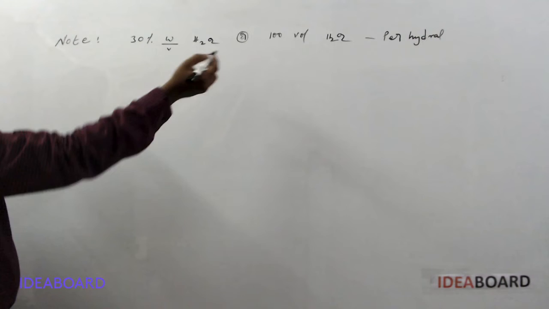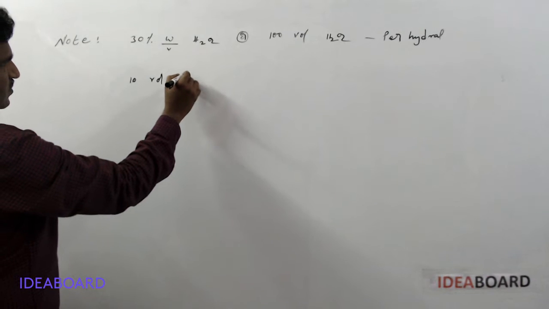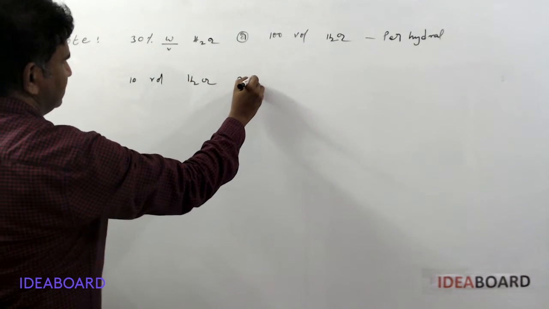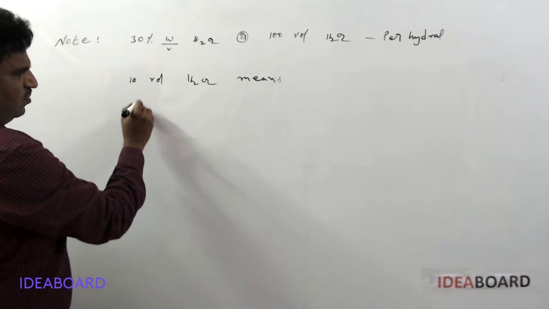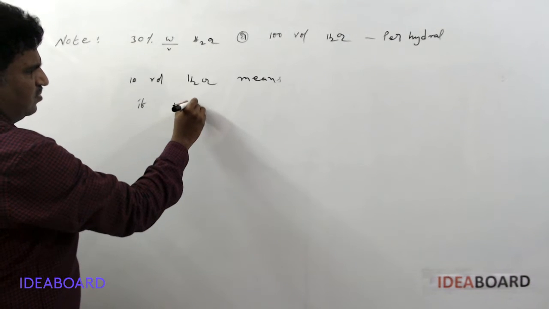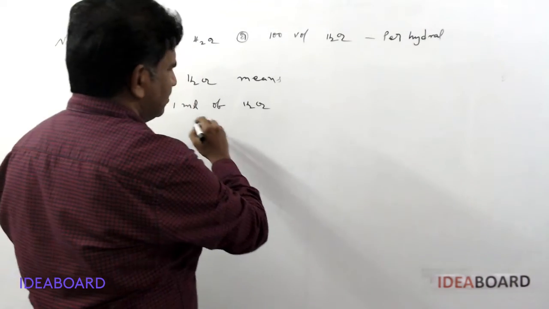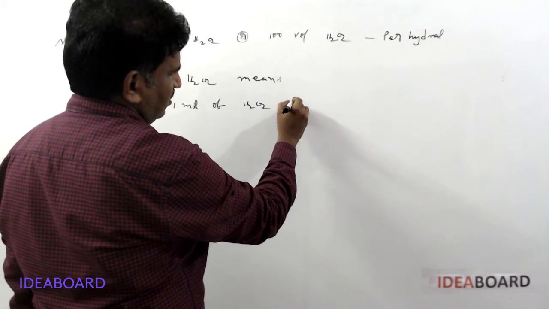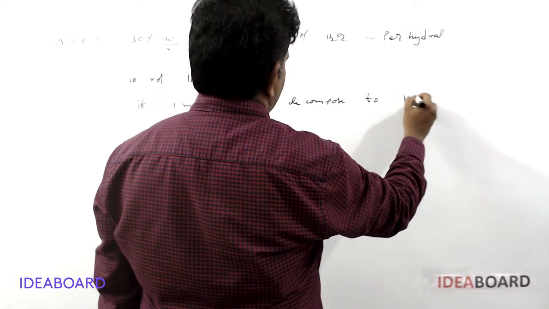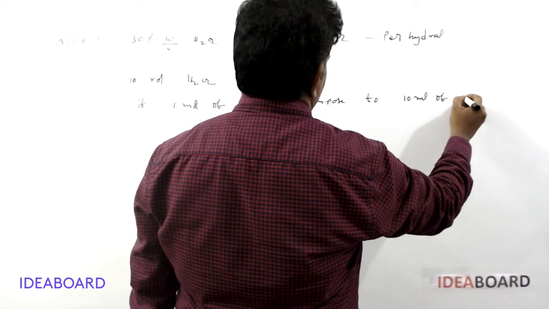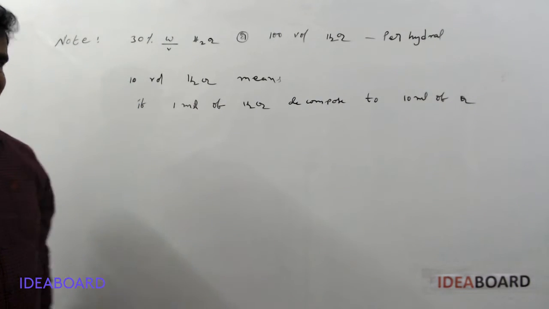Or we can say, what is this volumes? Suppose 10 volumes hydrogen peroxide. 10 volumes hydrogen peroxide means, if 1 ml of hydrogen peroxide decomposes on dissociation to give 10 ml of oxygen, that is called 10 volumes hydrogen peroxide.